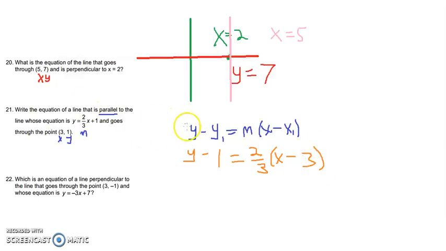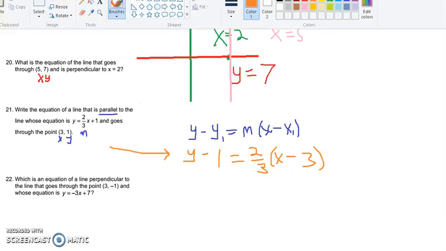That's the answer to number 21 right there. That's it. You can stop there. If you want to get it into slope-intercept form, you can, but this is also an acceptable form. Okay, so don't overcomplicate that one.